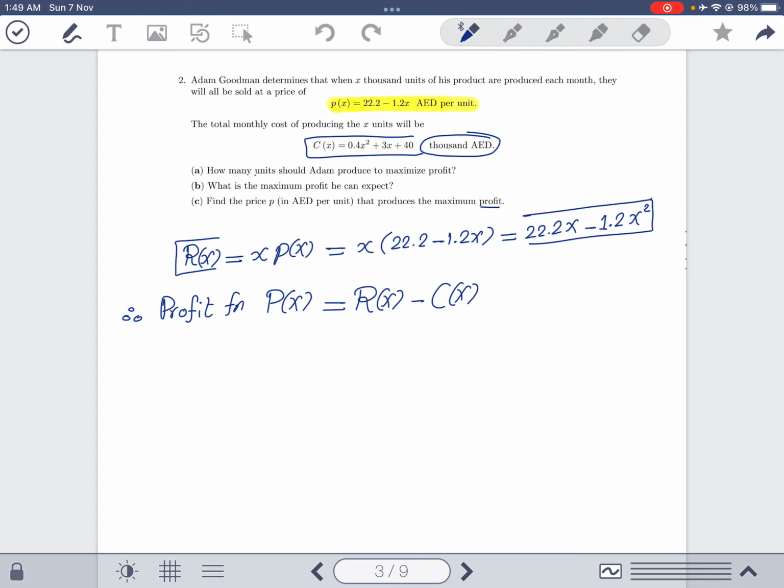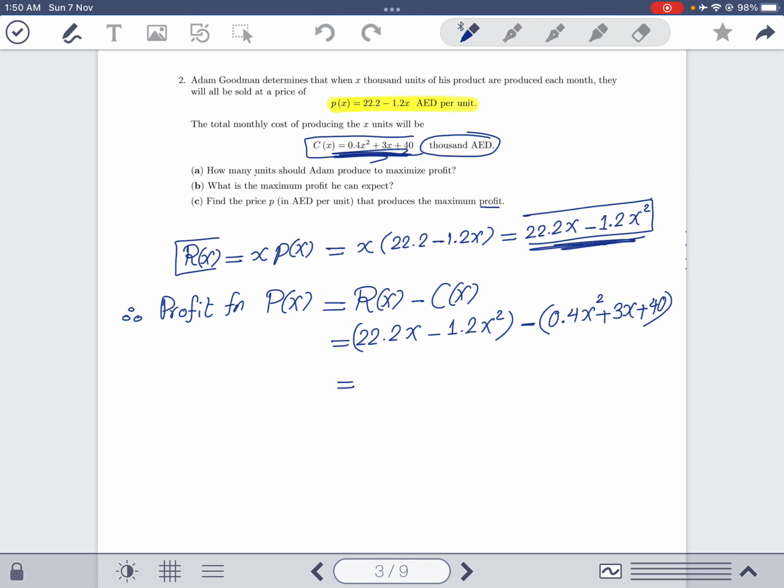Always it will be like this. And the revenue, we just got it here, 22.2x minus 1.2x squared, minus the cost, which they gave us at the beginning, 0.4x squared plus 3x plus 40.